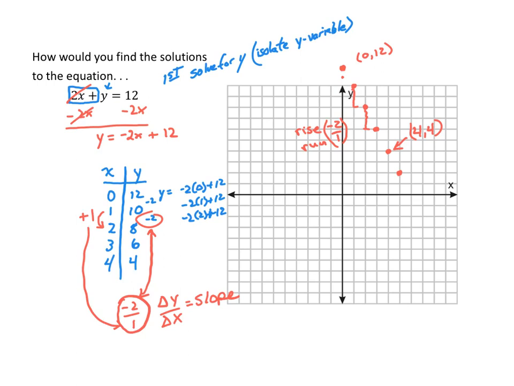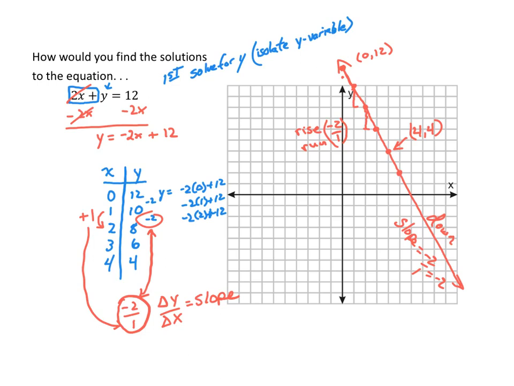Notice when the slope of the line is negative, when we draw the line from left to right, which is how we read, keep in mind I'm freehanding this, doing the best I can to stay in that pattern, it goes down. You're going down this way because the slope is negative. Slope equals negative 2 over 1, or we could just say negative 2, and it's just understood to be over 1.